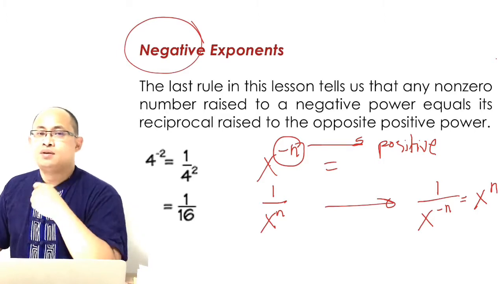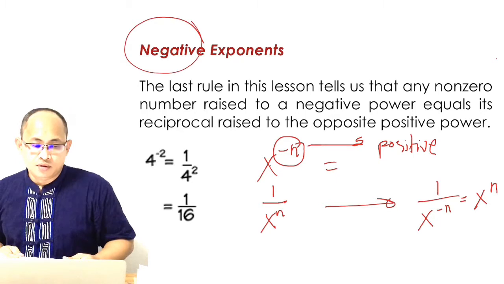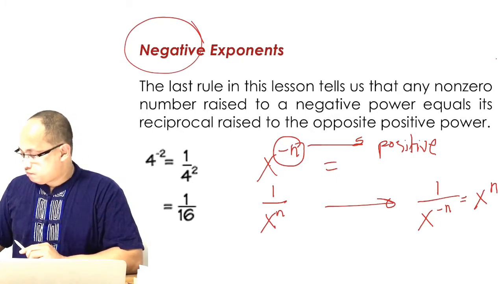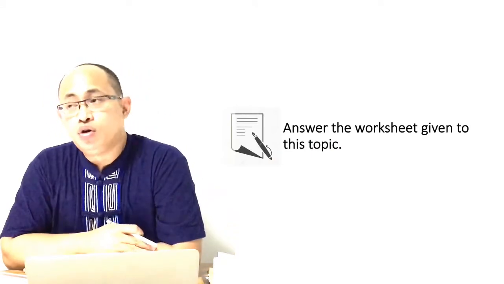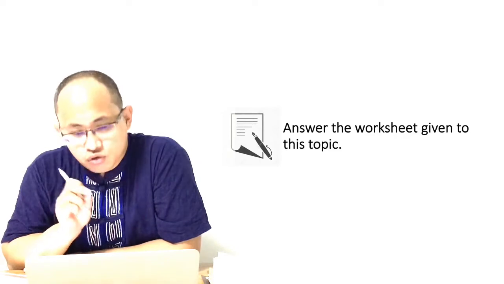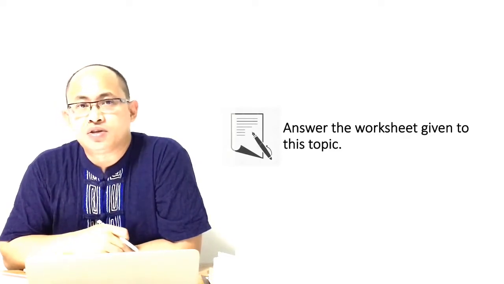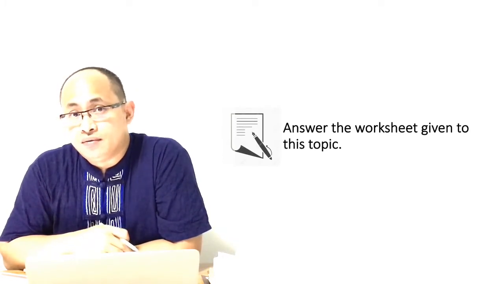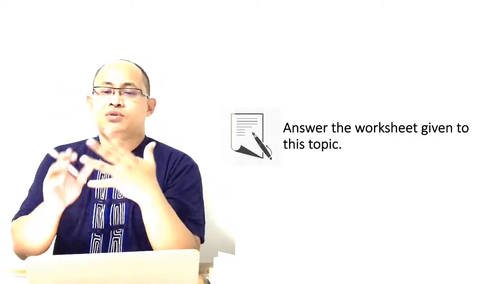And negative exponent. So these are the 6 basic rules of the law of exponent. When you memorize them and try to simplify algebraic expressions, it becomes very easy because exponents become very handy.